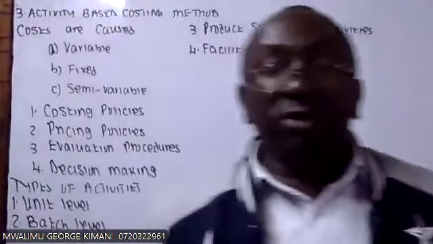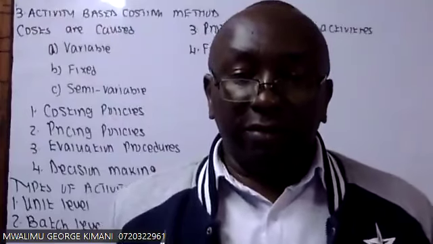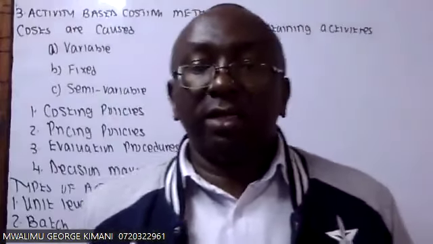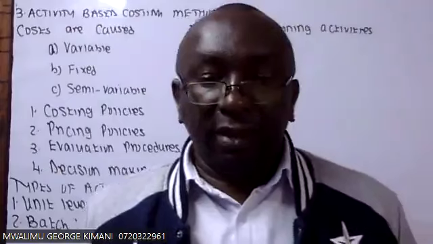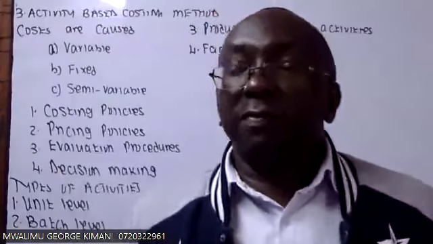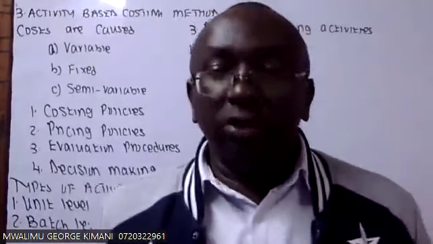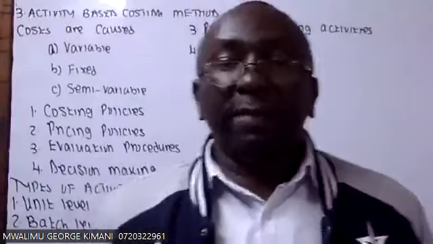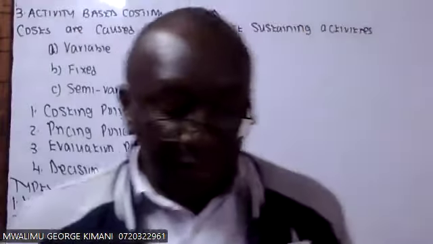Yeah, so we have those 4 types of activities. We have the unit level. Those are activities that benefit just one unit of a product at a time. Then we have the batch. Now the batch benefits more than one unit of a product. Like now what I'm doing, teaching, is batch level because it's benefiting more than one person at a time.